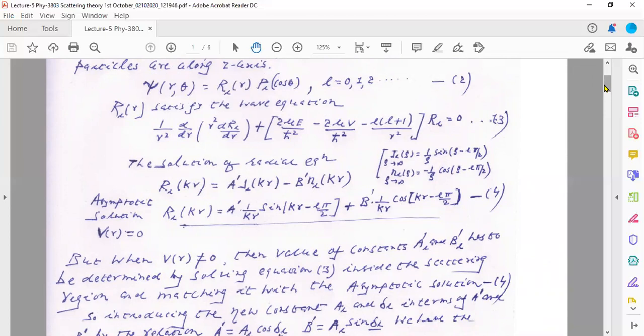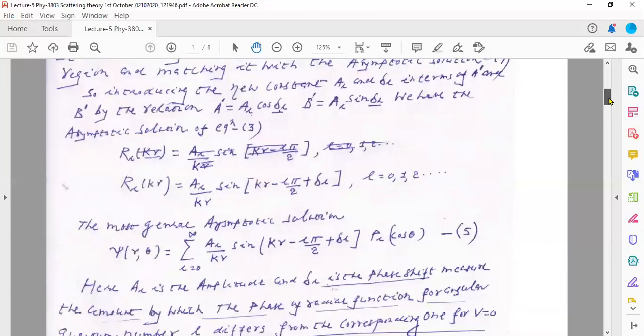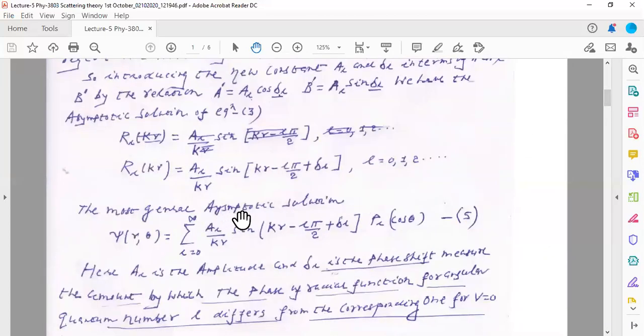So when you substitute this part here, you have the most general asymptotic solution of the Schrodinger wave equation, given by the expression of psi of r theta, because this is RL of Kr. I'm keeping the value of RL of Kr here. So it is AL of Kr sine of Kr minus L pi by 2 plus delta L, PL cos theta, where delta L is the phase shift which we will measure.